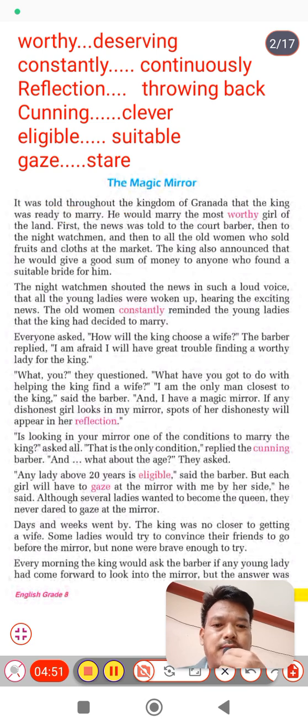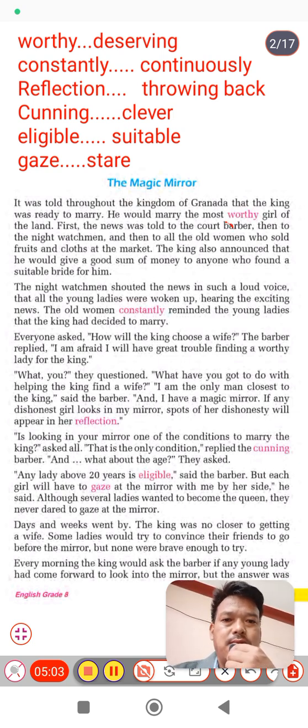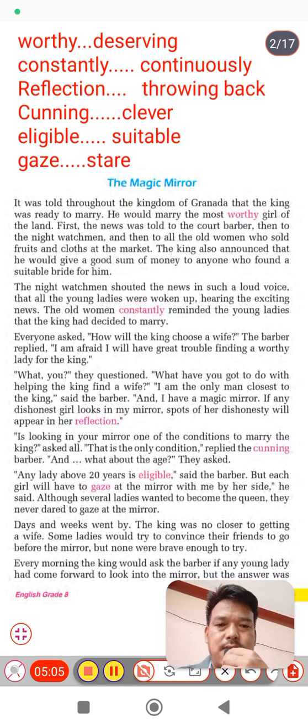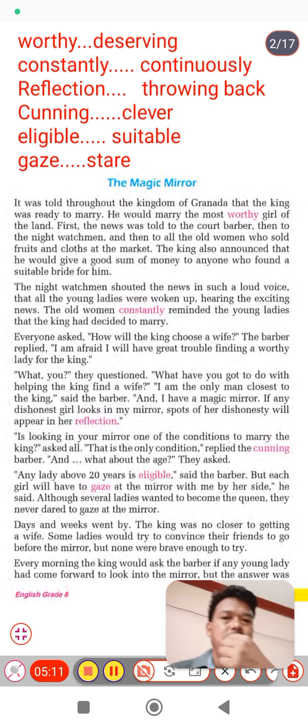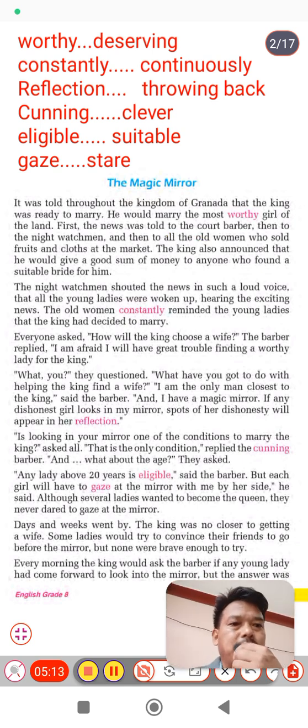And this news was spread throughout the kingdom, and he would marry the most worthy girl. Worthy means a deserving girl. He was looking for a most deserving girl as a bride, and the news was told firstly to the court barber.